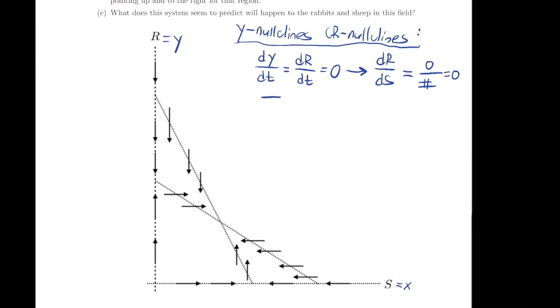They are only horizontal. So they're going to go this way or that way. So here's an R null cline right here, and here's another one over here. Any line where all of the vectors are horizontal would be the Y or R null clines in this sense.